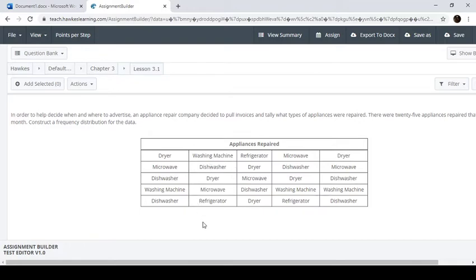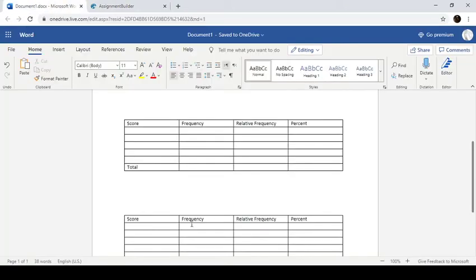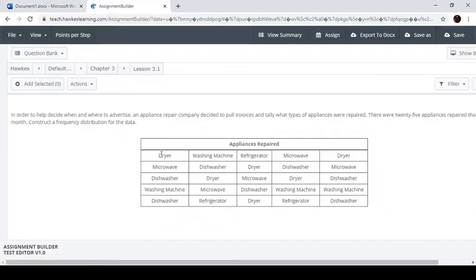The two basic things that you need for your frequency distribution are a score and a frequency. The score is going to be the type of data it was, like the name of the data. For instance, here we have dryer, dryer, dryer, dryer, dryer. All of these are the same type of data.